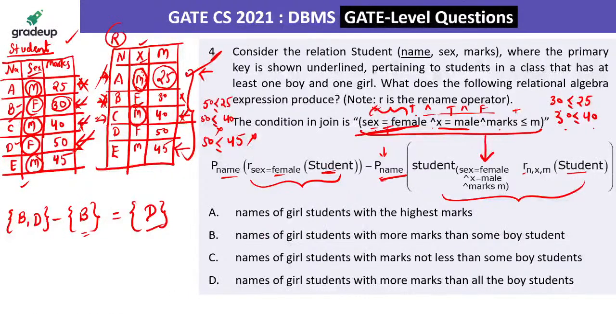So now, name of girl student with highest marks. Highest marks definitely is female, 50. You can extend this with one more tuple, for example, let me remove my image.